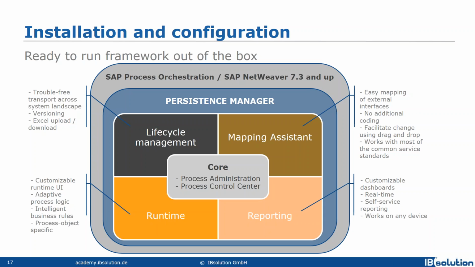We're going to show you in the demo that it's also possible with the persistence manager, where we have different version revisions, and those version revisions are taken into consideration in the process. So you're able to run different versions of a process in parallel, which saves you a lot of hassle of having to transport all the small changes that you will have to do through the 3-tier landscape in your system.